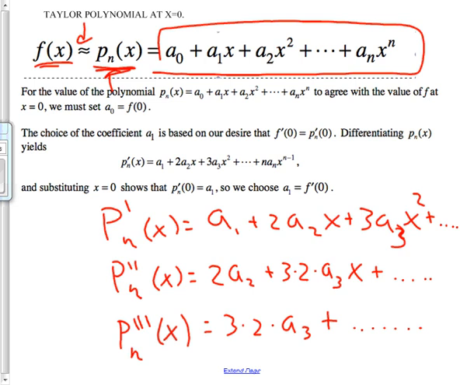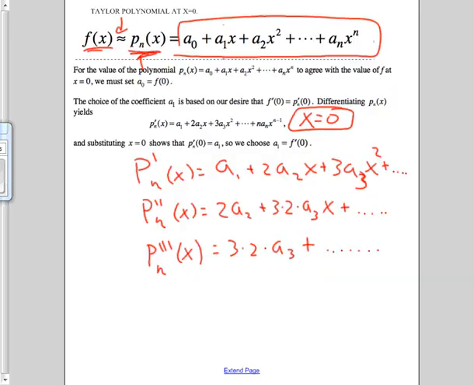Therefore, since we're looking at making an approximation around x equals 0, and understanding the idea that the function and the polynomial approximation must have the same derivatives, we get the following. First, f of 0 must equal P sub n of 0.